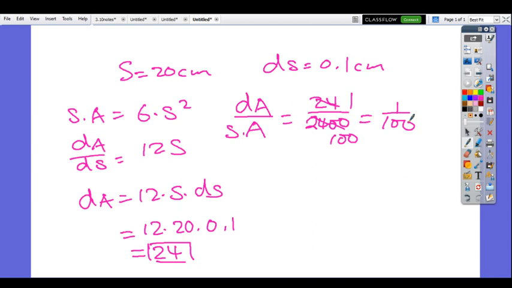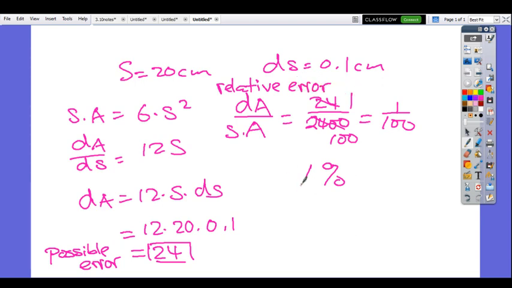Now let's convert this to the percentage error. The percentage error is just 1%. Again, this one is the possible error for the area, here is the relative error, and this one is the percentage error.